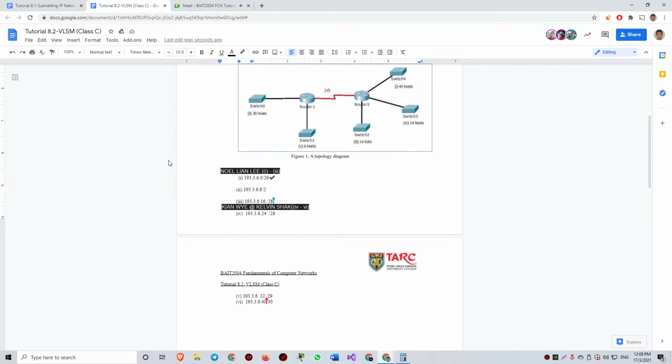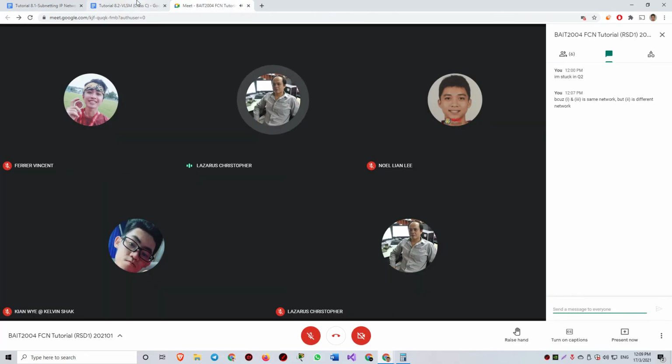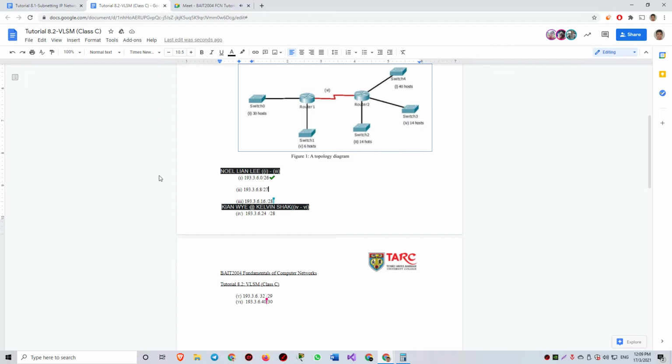The next largest is network A, 50 hosts, then network C, 30 hosts, then network D, 2 hosts. From there, you can then use the subnetting.